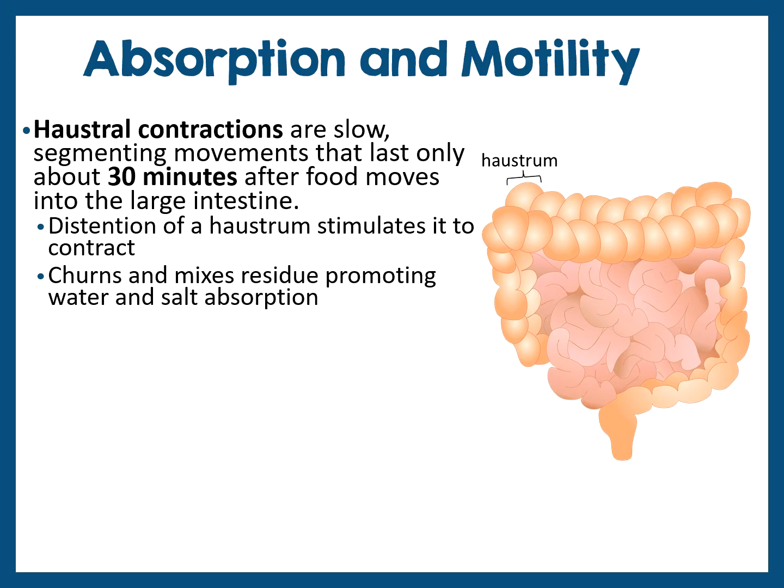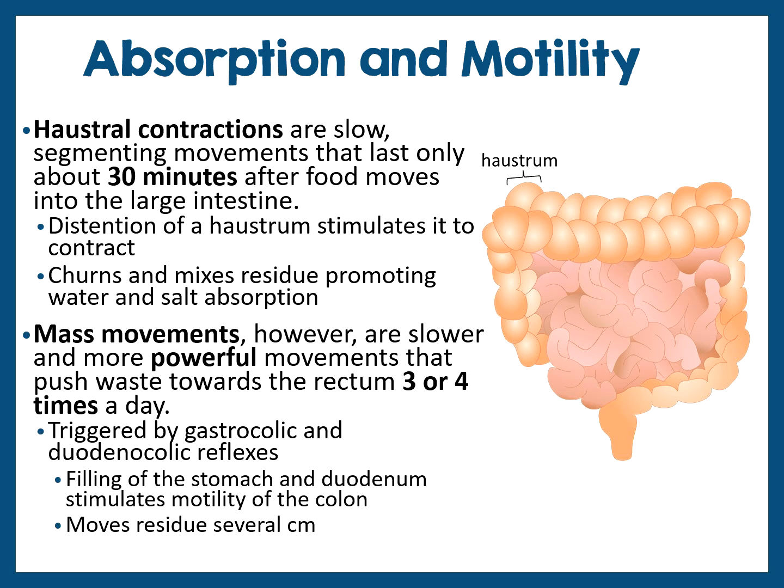So if the stomach begins to stretch because we're getting food, that stomach stretching, or if the duodenum receives some chyme and there's stretching in the duodenum, that is actually going to signal the large intestines and the colon to begin to contract.